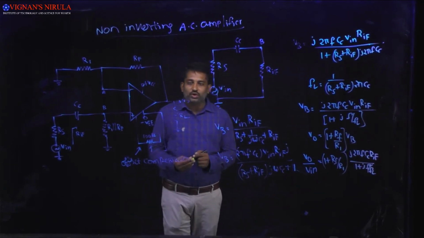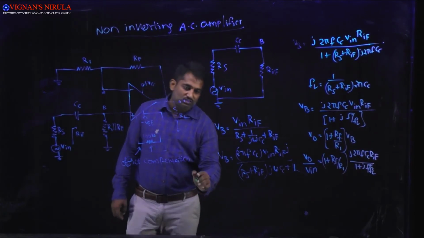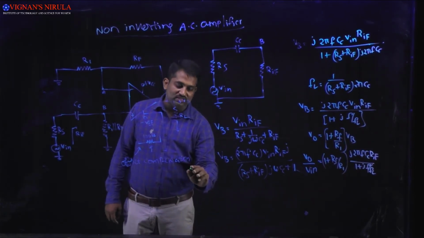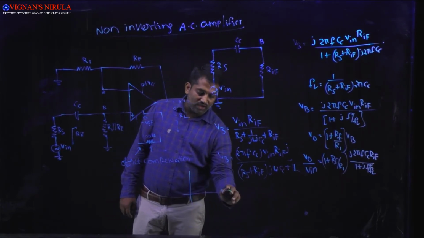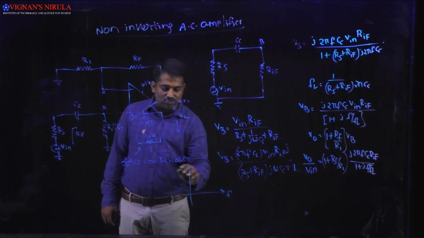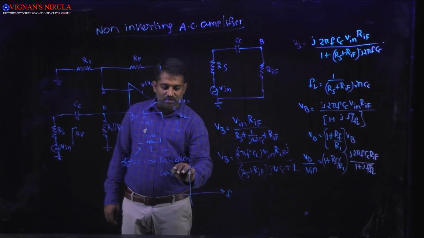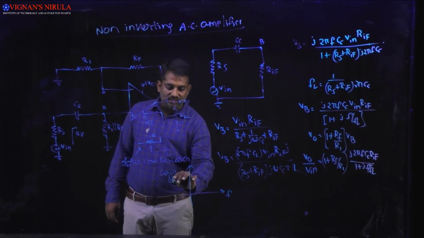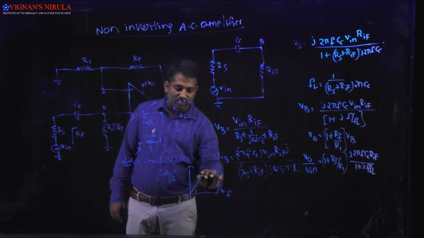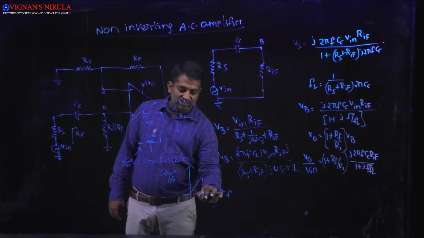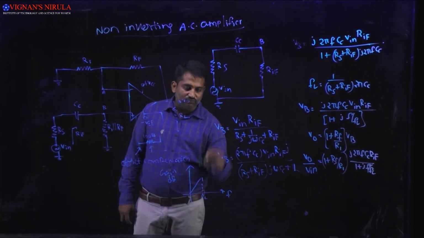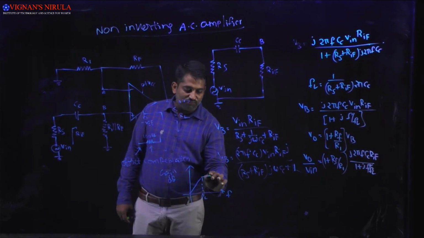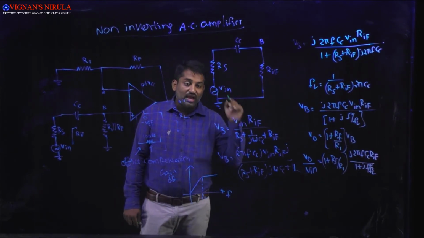So if you are going to draw the frequency response, the same thing we saw in the previous case, we are going to observe here also. If I take the frequency response with f and gain in dB, the gain increases until f is equal to fl. Once it reaches the fl value, after fl the gain will be flat until fh.